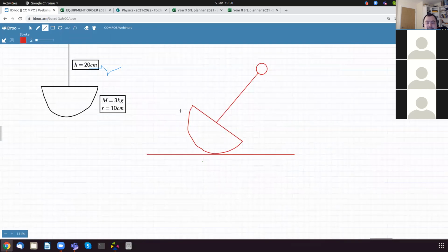This is the floor. Now look what happens. The point of contact is here.